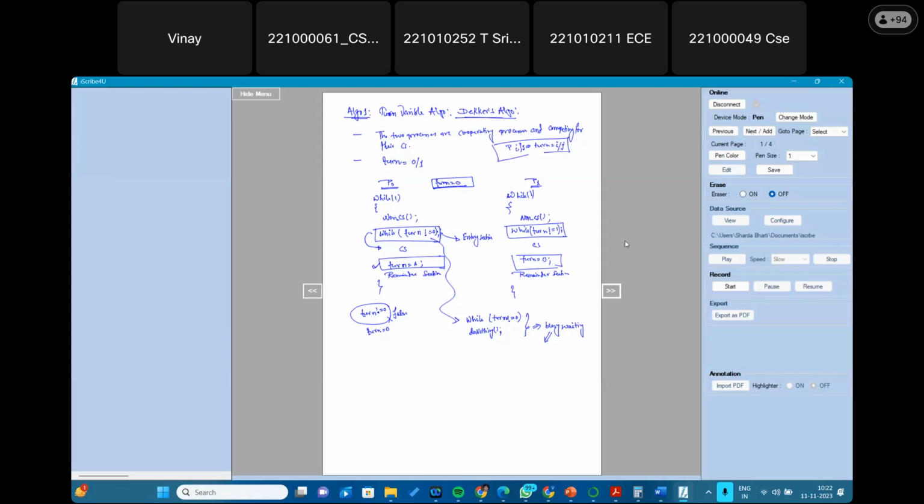If the while condition is false, then the process comes out of the busy waiting. So what is busy waiting? Wastage of CPU cycles. Because to execute this instruction we need CPU cycles, and in this execution we are not performing any useful work.